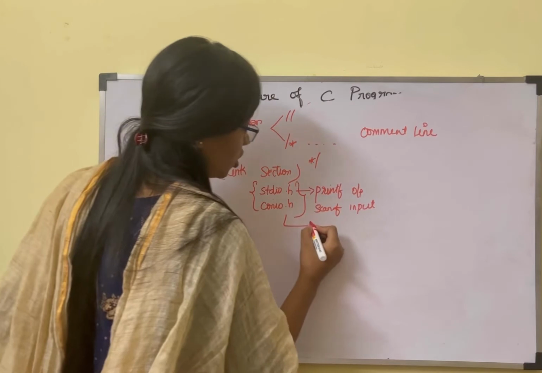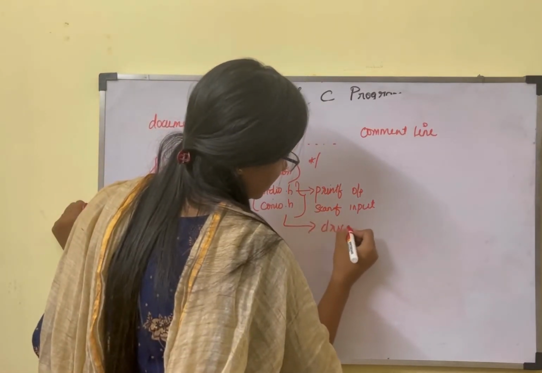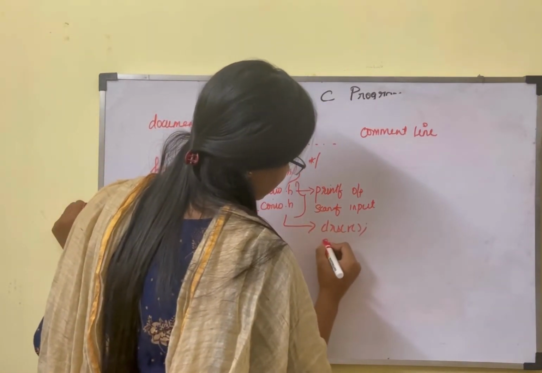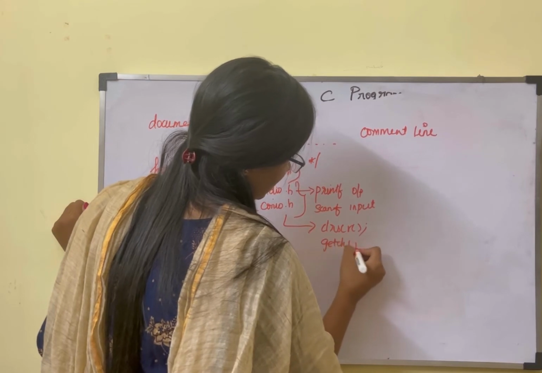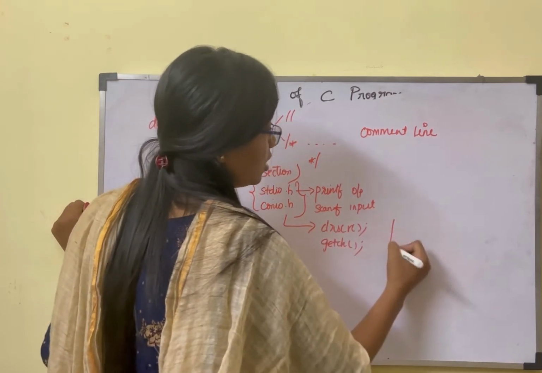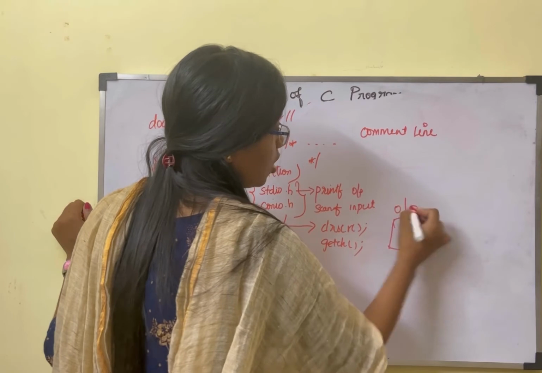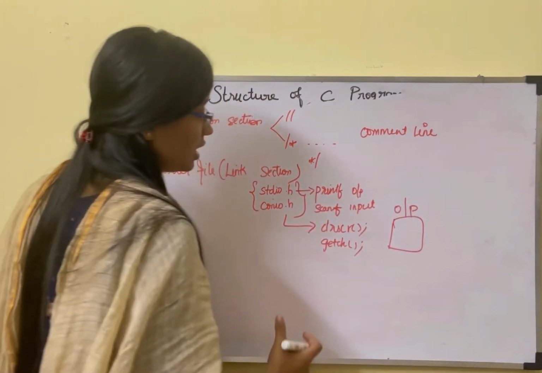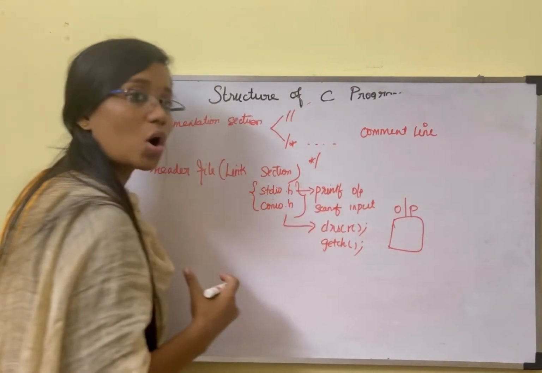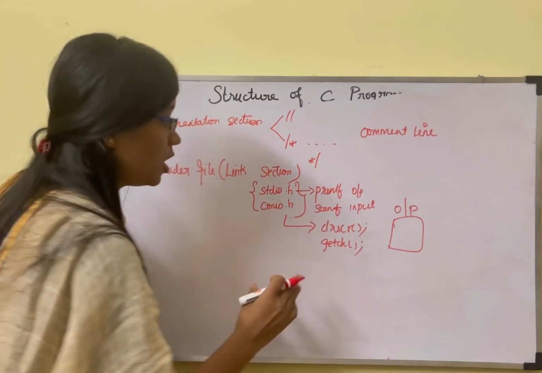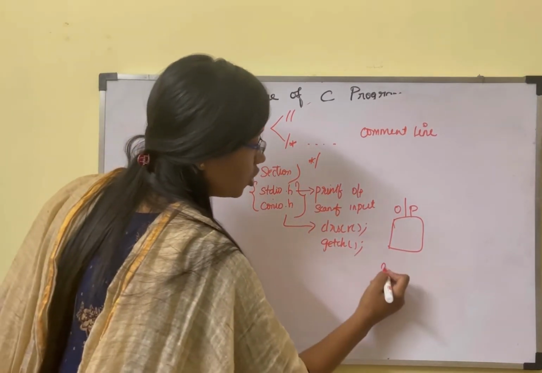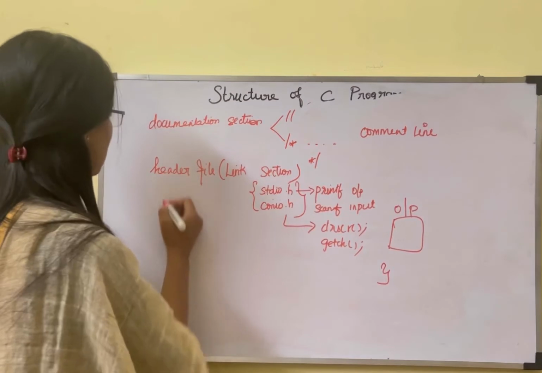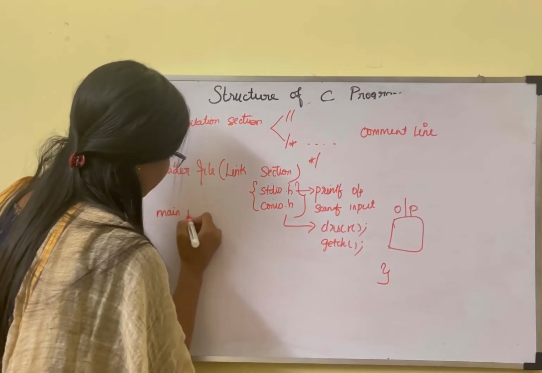Then conio is for clrscr, clear screen, and getch function. We have seen what clear screen is for, to clear the output screen or give a fresh new output screen. And then getch is to get all the characters used in the program. So we will give this getch before closing the program. Then is the main program.